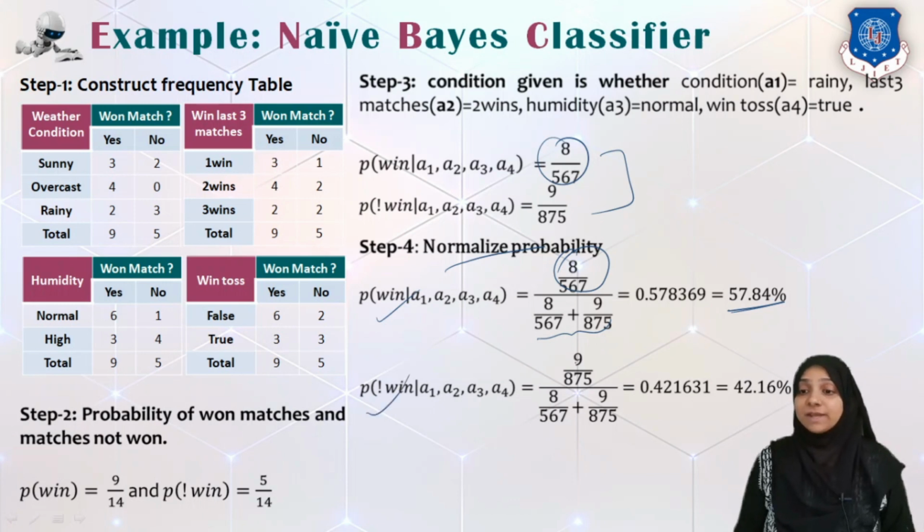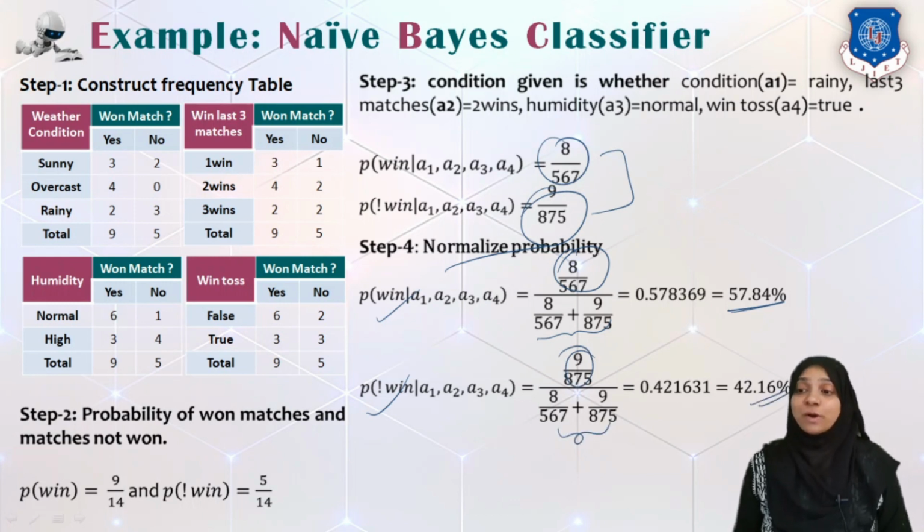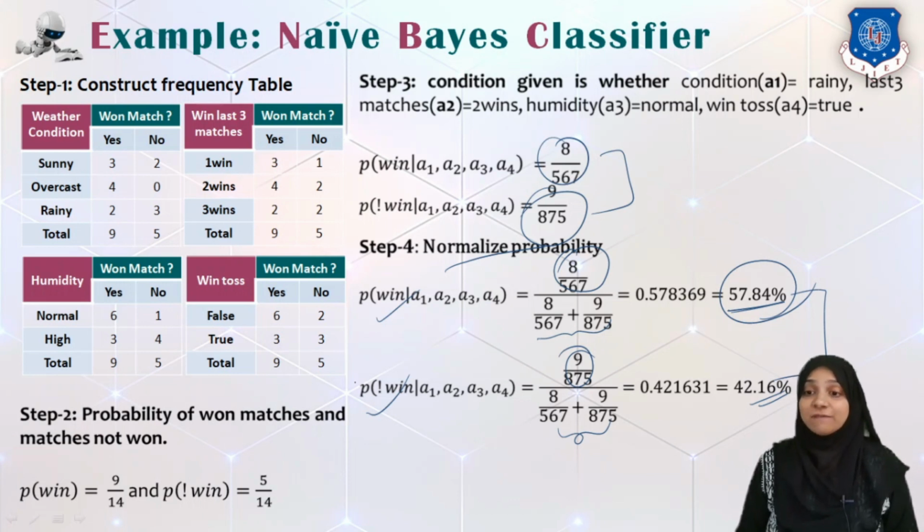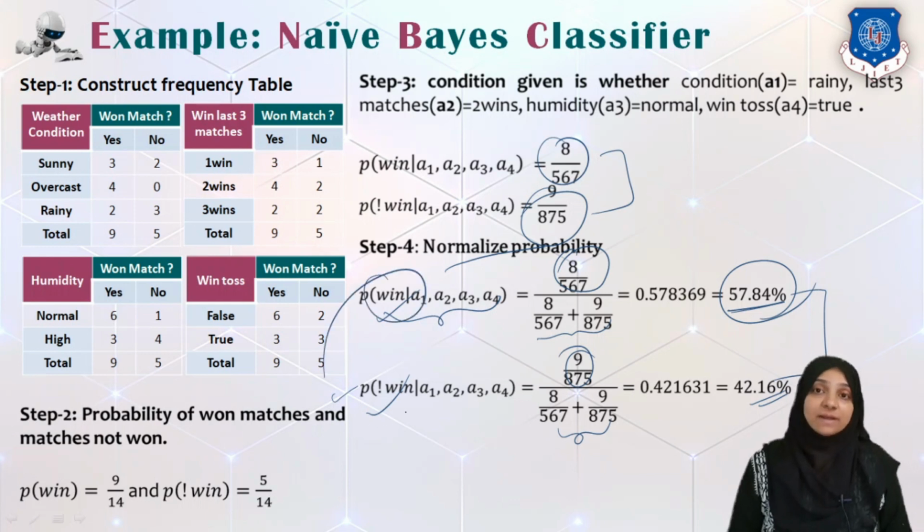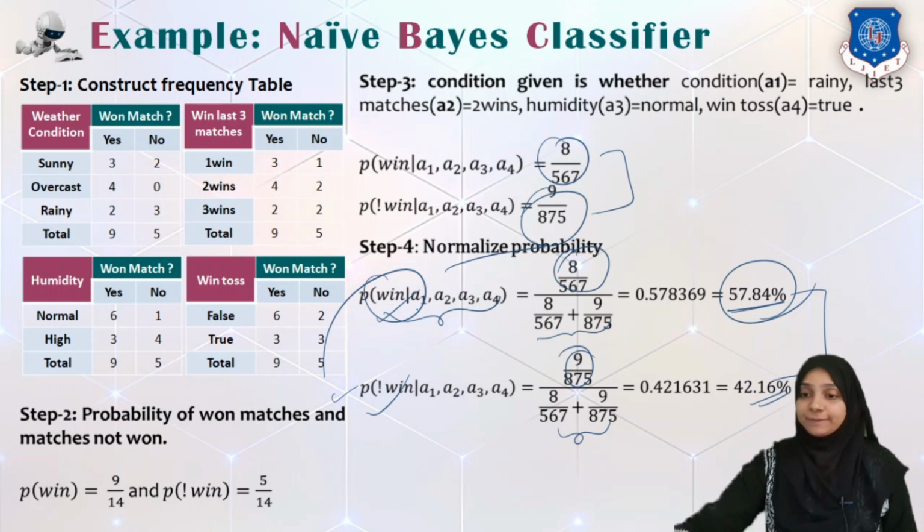And for not winning, the given value is 9 by 875 divided by the sum of these probabilities, which turns out to be 42.16%. Now from these two, as you can see, the highest percentage is 57.84%. That means if the four conditions happen, it is more probable that the team is going to win the given match.